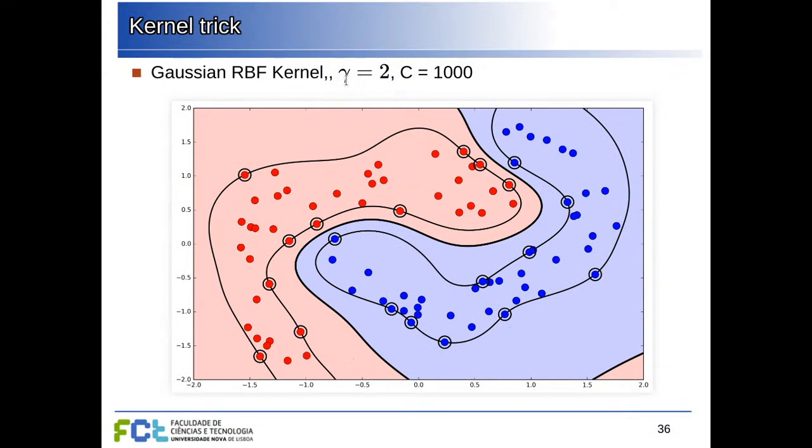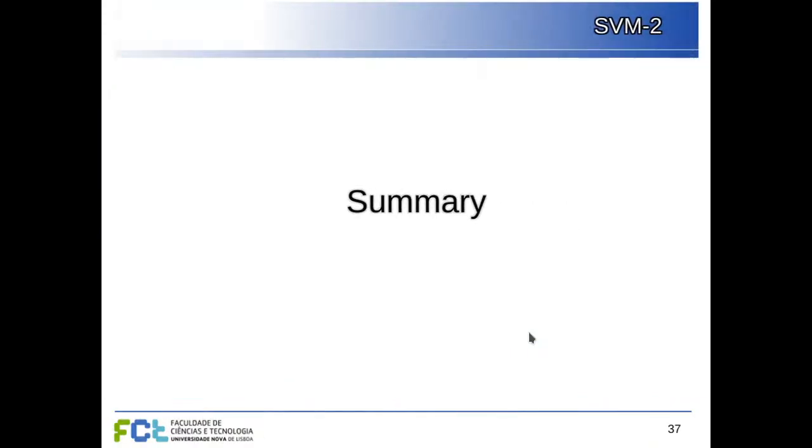For example, here with a gamma of 2 and a c of 1000, we create a discriminant, and these margins are really moving around each cluster of points here.